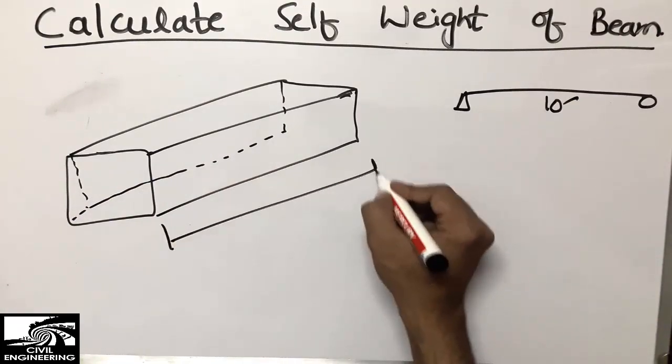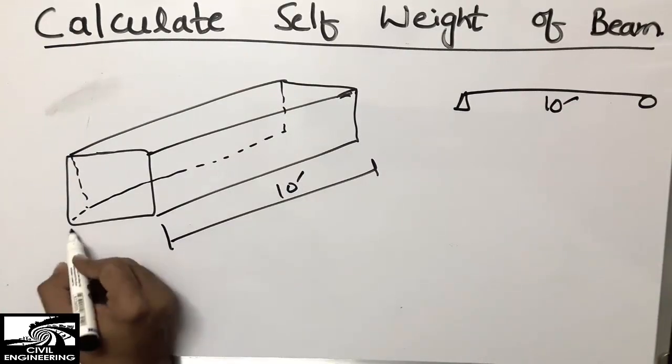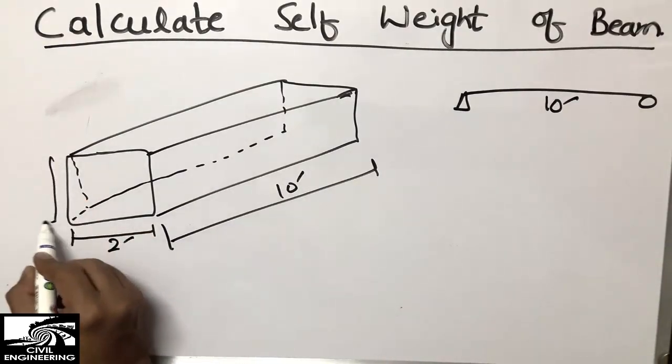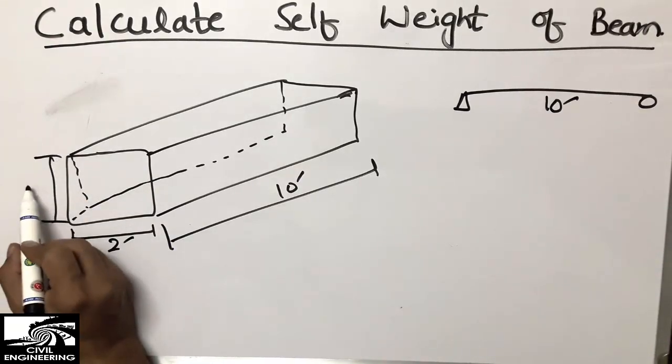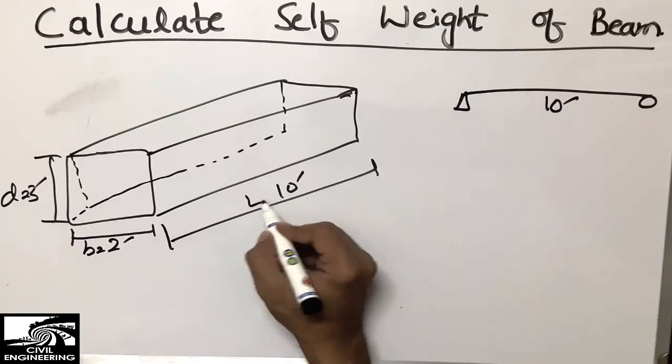The length of the beam is 10 foot, as we have shown here. The width of the beam is 2 foot, while the depth of the beam is 3 foot. There is a depth, there is a width, and this is the length of the beam, right?